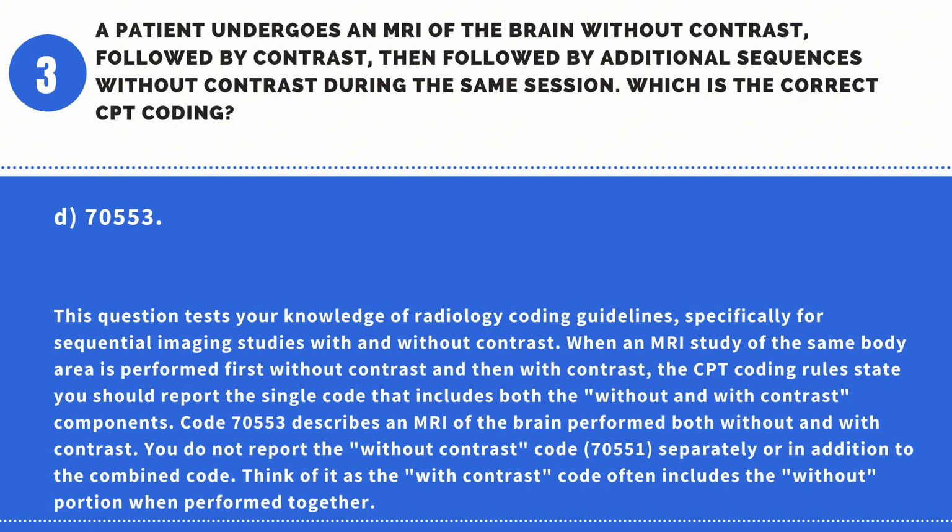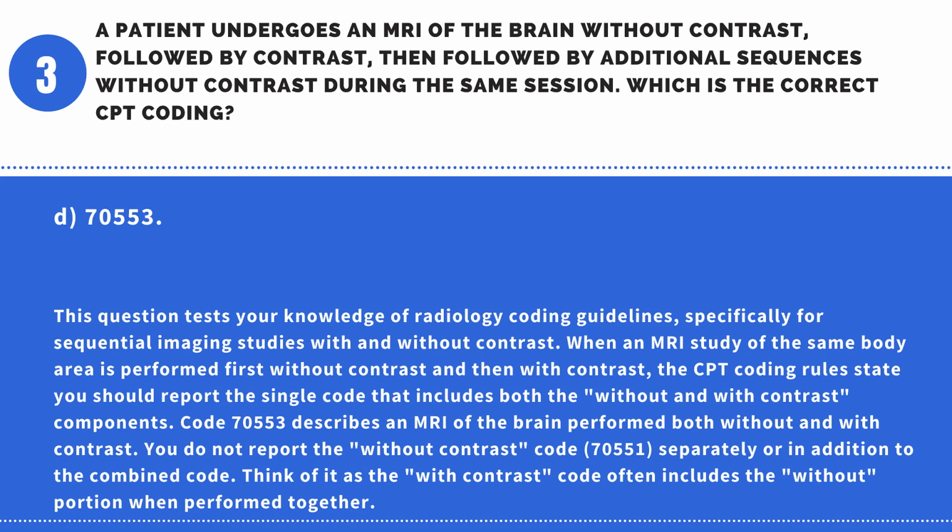Answer: D. 70553. This question tests your knowledge of radiology coding guidelines, specifically for sequential imaging studies with and without contrast. When an MRI study of the same body area is performed first without contrast and then with contrast, the CPT coding rules state you should report the single code that includes both the without and with contrast components.